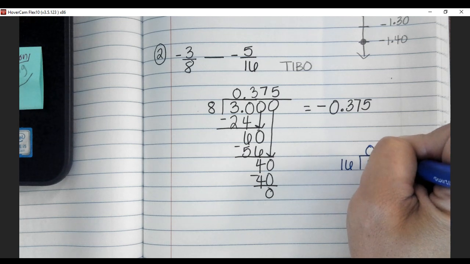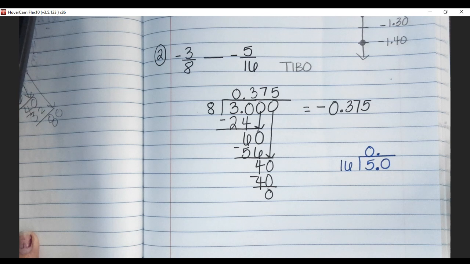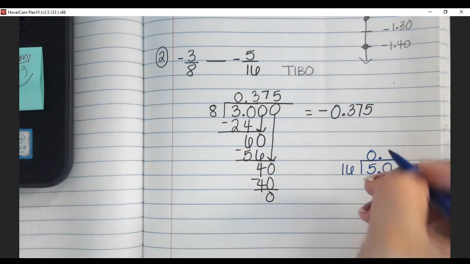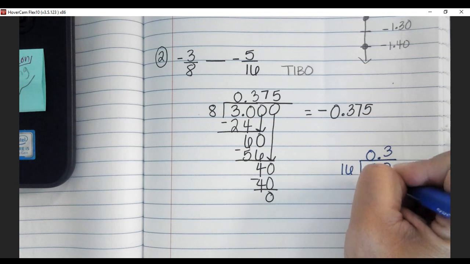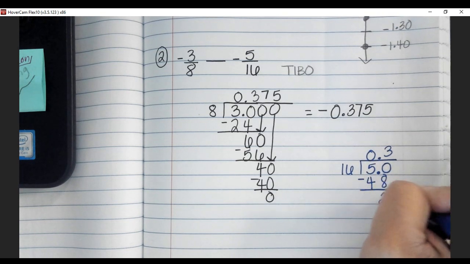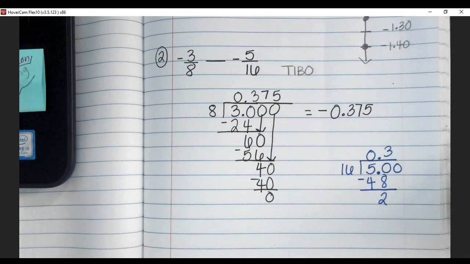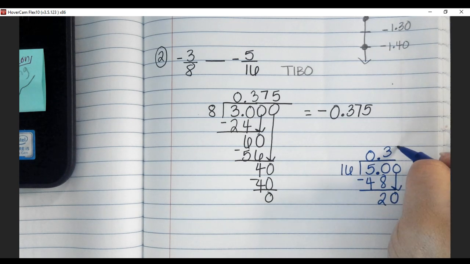Add my decimal and my 0. So how many groups of 16 are in 50? There are 3. 16 times 3 is 48. I subtract. I'm left with 2. I'm going to bring down my 0 here. How many groups of 16 are in 20? There is 1.